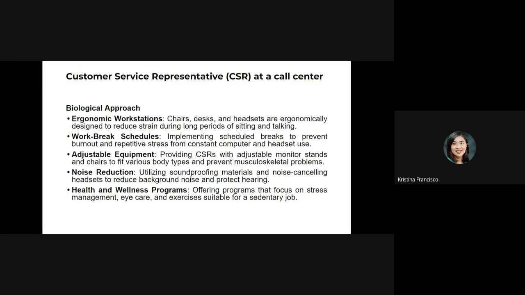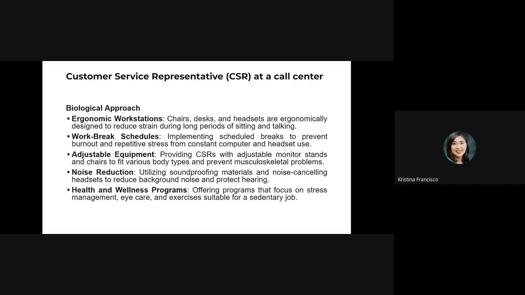Yan, ergonomics. So ano ba yung tinatawag nating ergonomics? What ergonomics means? Yan, example ng CSR or Customer Service Representative sa call center in terms of biological approach.